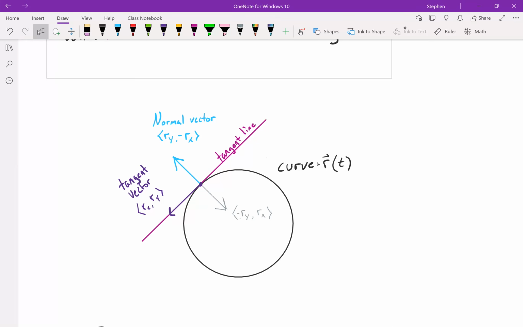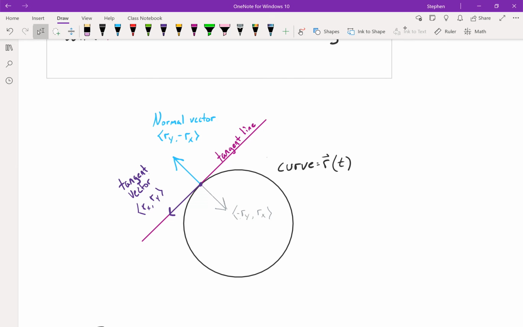So that's a tangent vector, but the thing that we really want to talk about this section are normal vectors. So here I've drawn in the two possible normal vectors that we could have within this 2D space. The first one in blue and the second one in gray. Both of those are normal because they are perpendicular to the tangent line.